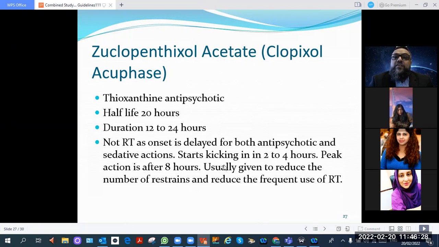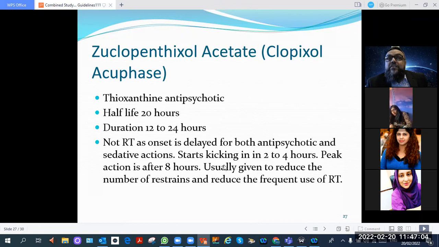It's a thioxanthene derivative and thioxanthene antipsychotic. Half-life is 20 hours. Duration is 12 to 24 hours. It is not rapid tranquilization. Because you give it, it may accumulate as a semi-depot, so when it is slow release, it may go for up to 72 hours. And the onset is delayed for both antipsychotic and sedative actions.